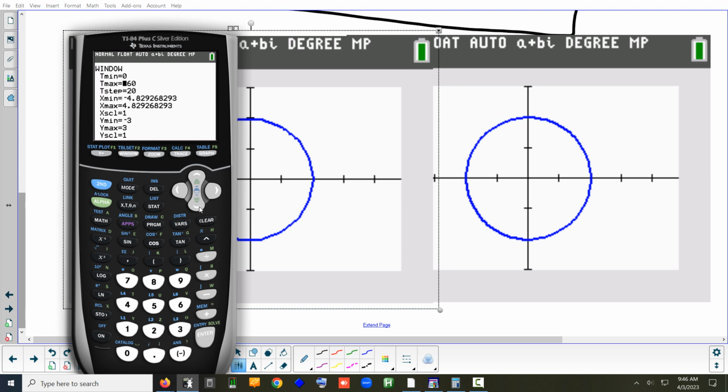Now, besides the fact that this wouldn't look good, what would happen? Well, keep that at 360. What would happen if I go by 50s? I know it's going to look kind of jagged, but we're going to have another problem that we don't want. Yeah, we're going to have a remainder.